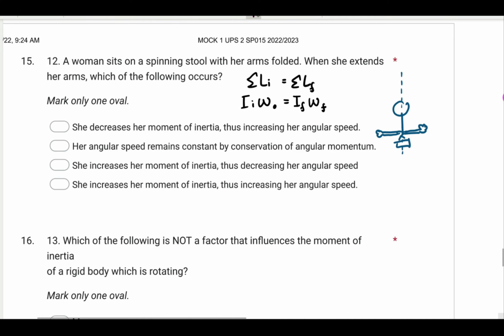We can see here that the mass of her hands is located far away from the axis of rotation, R, for example.